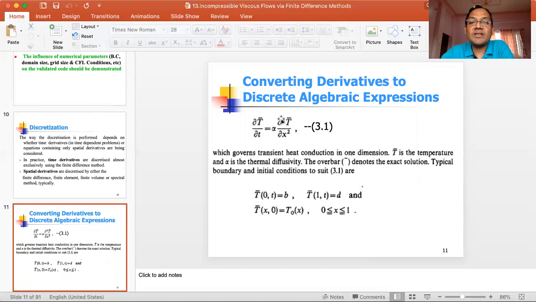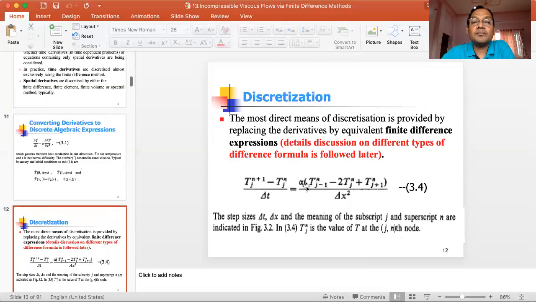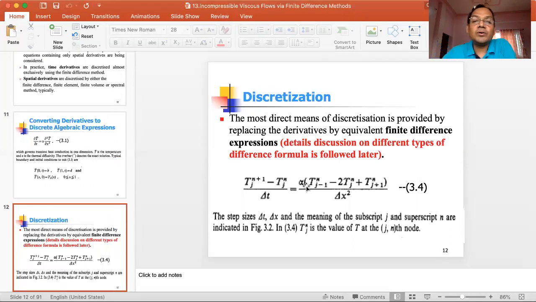So as we have seen, this is the problem we have taken for our discussion. For time derivative we have the option of only finite difference, but for space you have finite difference, finite volume, finite element. I'm not going into the others, I'm taking finite difference as the example now. This is a first derivative, and now look here, we have discretized it.